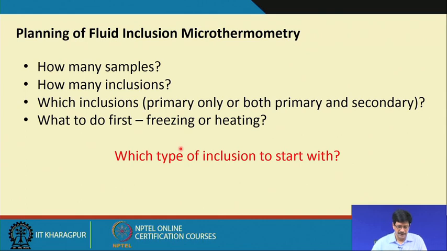So, before that, we would also like to add a little bit to the questions that we posed during the concluding part of the last week's lecture: how many samples?